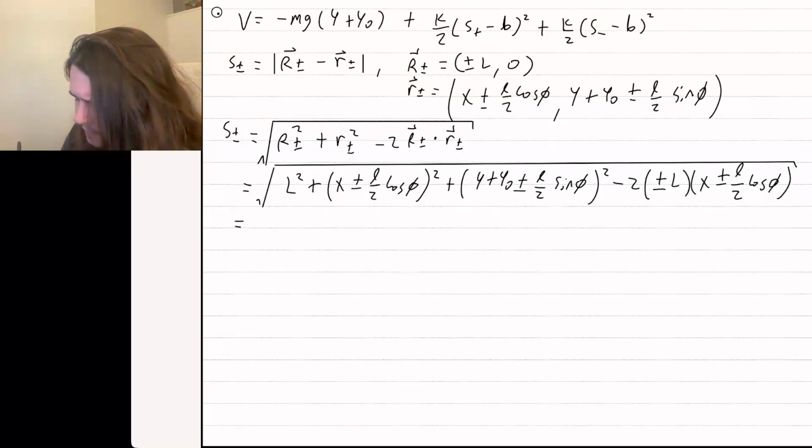Okay, so I'm going to fully expand this, and this might end up being a bigger radical.